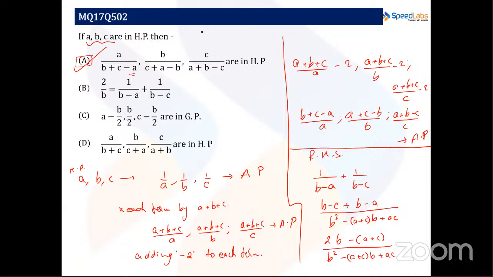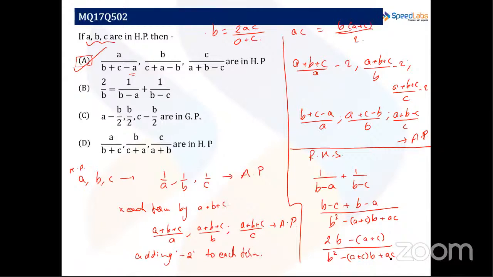Since A, B, C are in HP, we have B equals 2AC upon A plus C. From here we can see that AC is B into (A plus C) by 2.